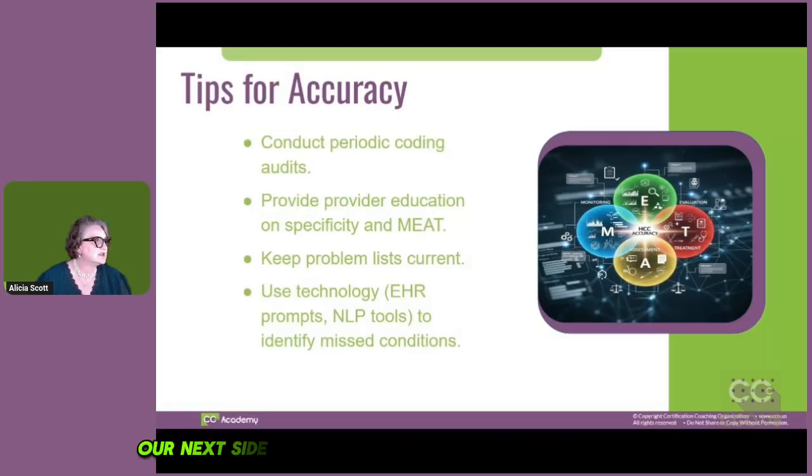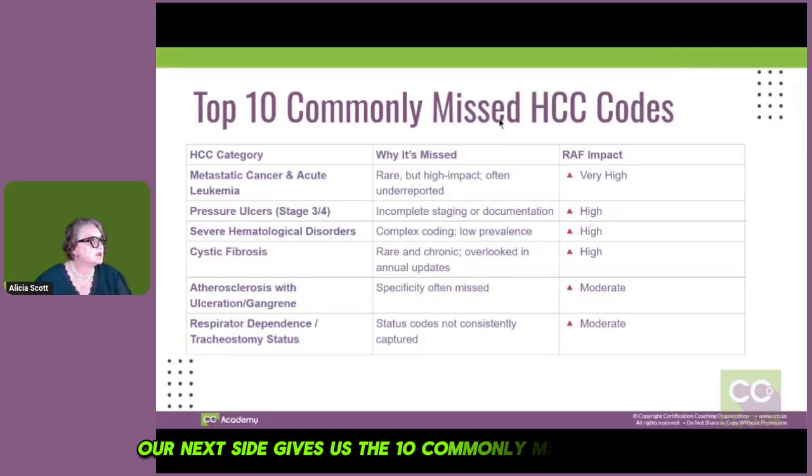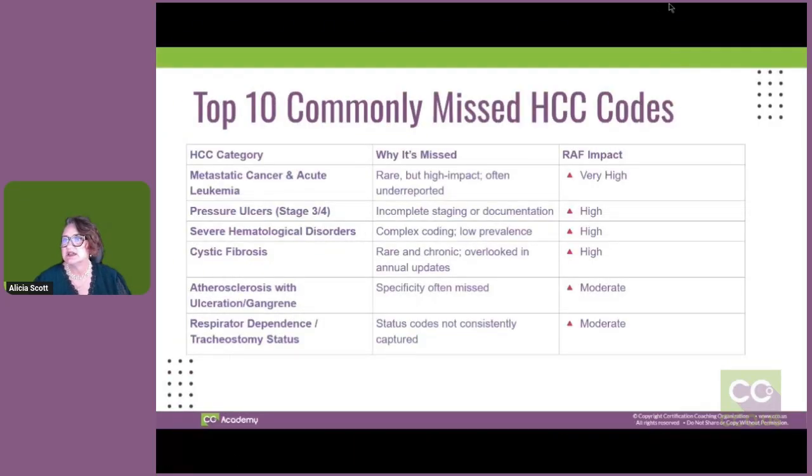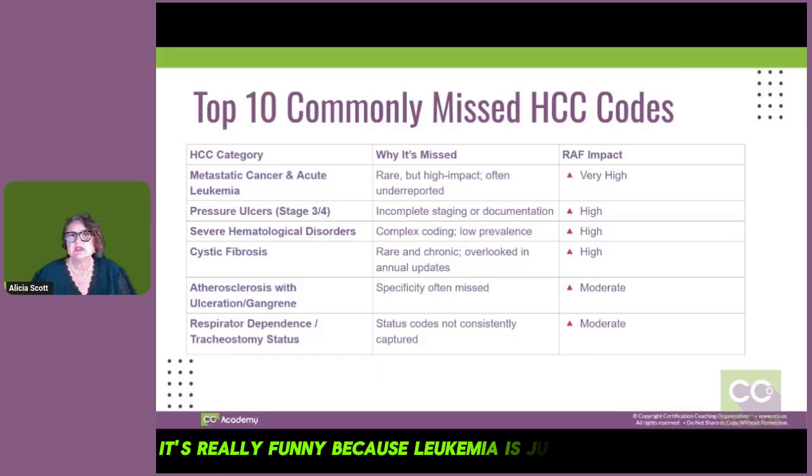Our next slide gives us the 10 commonly missed HCC codes. Metastatic cancers and acute leukemia. It's really funny because leukemia unspecified is the lowest risk adjustment scored cancer. If you give specificity to the type of leukemia, it becomes one of the highest.